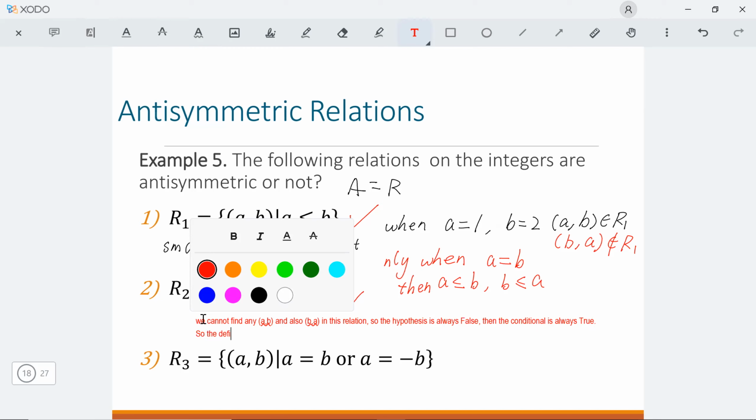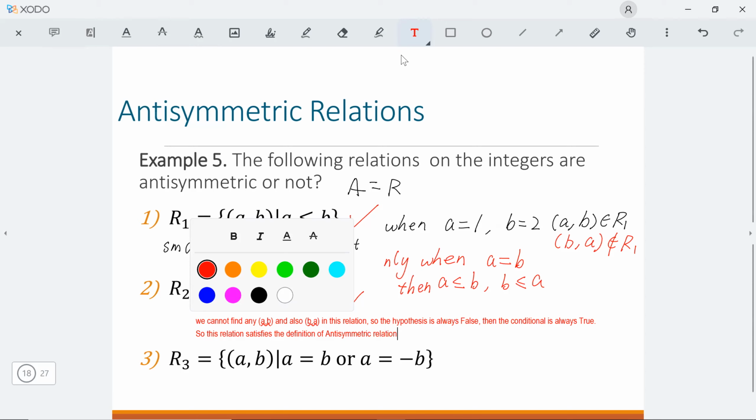So this relation satisfies the definition of an anti-symmetric relation. Okay, so then let's look at the last one. The third one, R3.